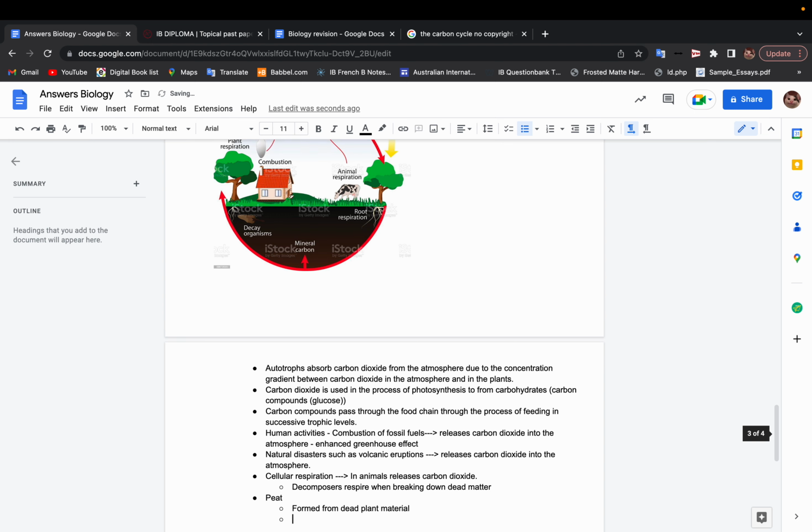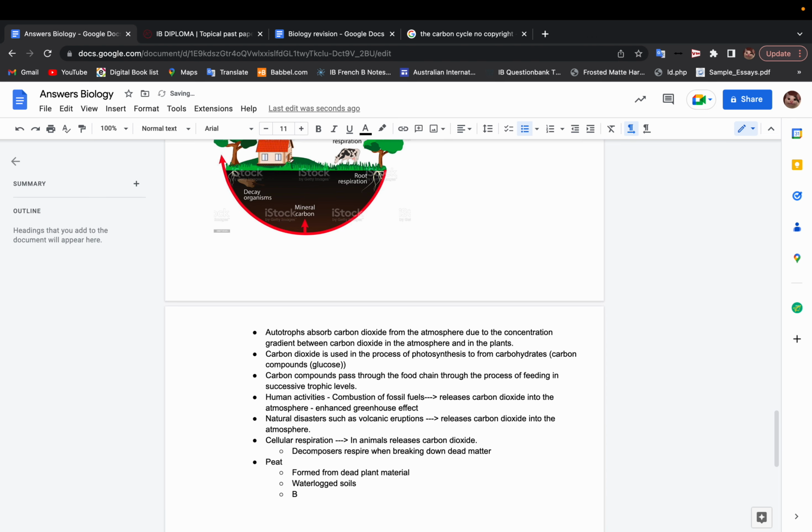The conditions are in waterlogged soils, and the reason for this is because bacteria, saprotrophs like bacteria, become inhibited, and as a result, they are unable to fully decompose the plant material.